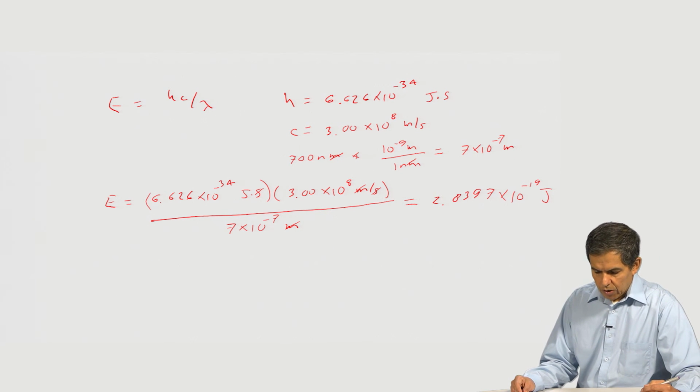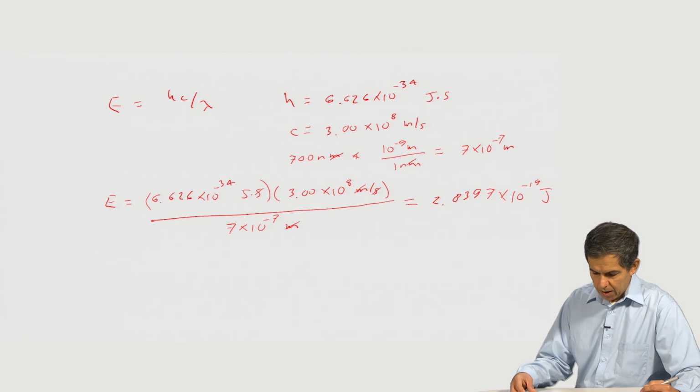So the next thing that we need to do is, given that amount of energy that we have for that particular wavelength, we need to calculate the number of photons that are required for that.